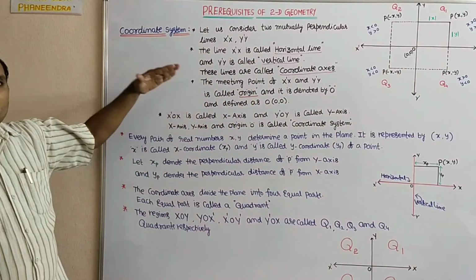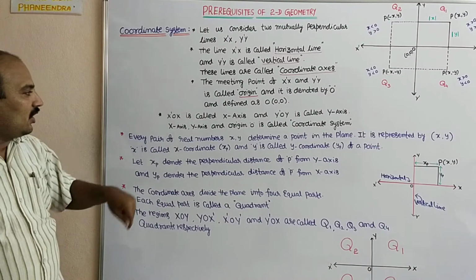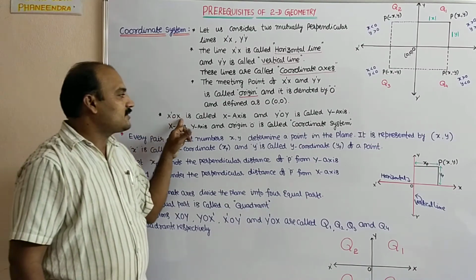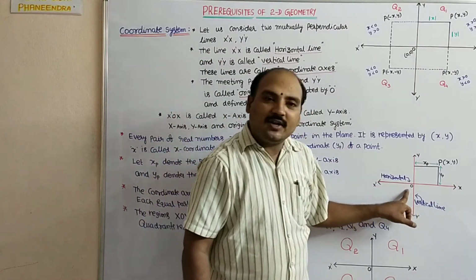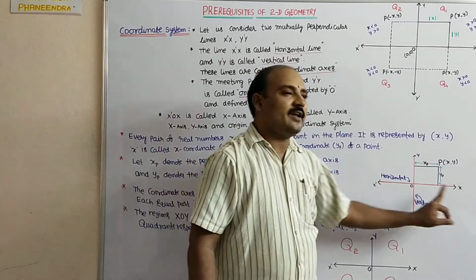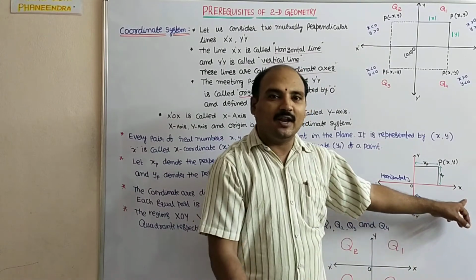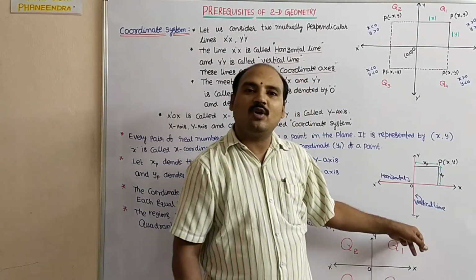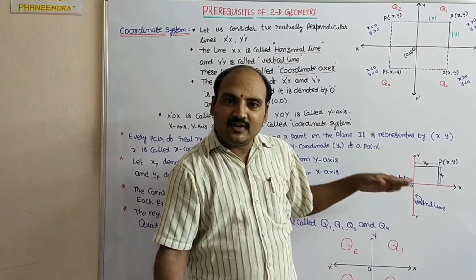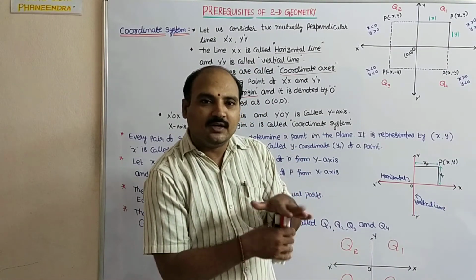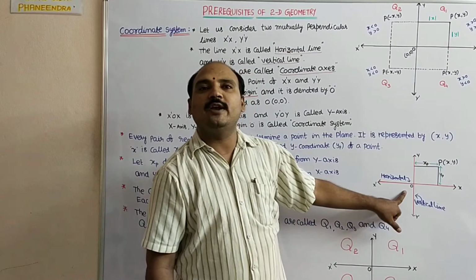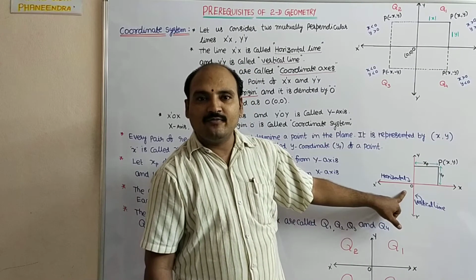After completing the concept of origin, now x dash OX is called the x-axis. Previously, the origin was not there. Only x dash x was called the horizontal line and y dash y the vertical line. Whenever these two lines intersect at the point O, it is called the origin.